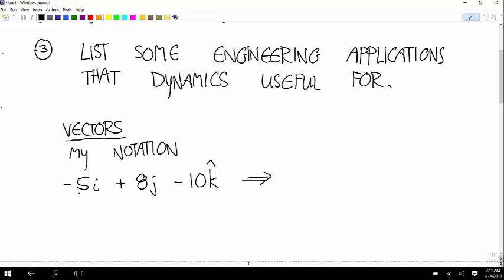In this class, that will be written as negative 5, 8, negative 10 as a column vector. And the reason we're going to use that notation is there's a lot of really useful matrix math you can do with vectors. In our case, the most important is probably rotation matrices.